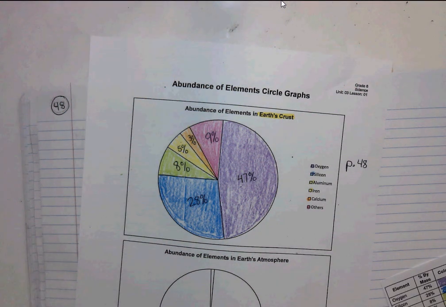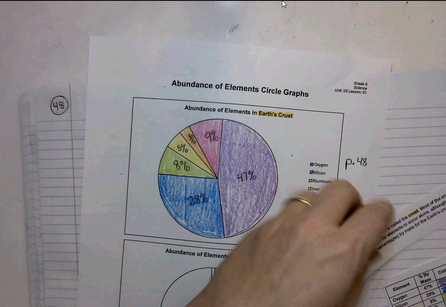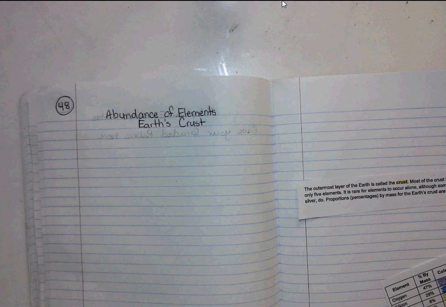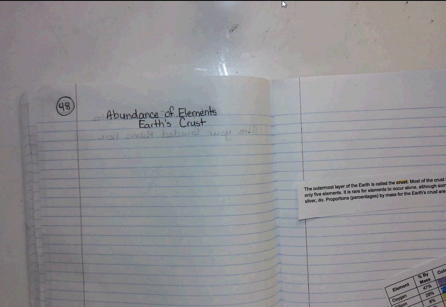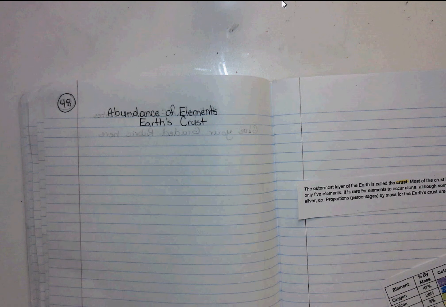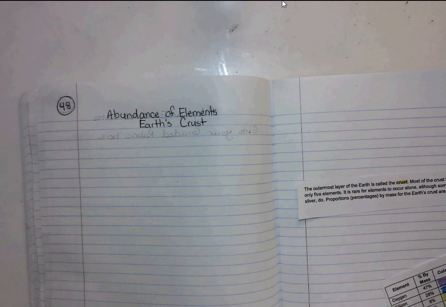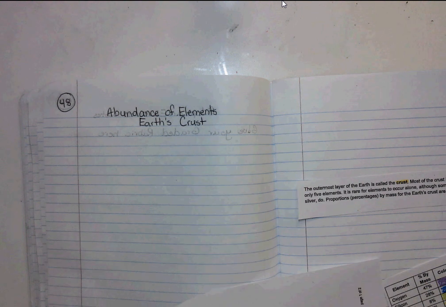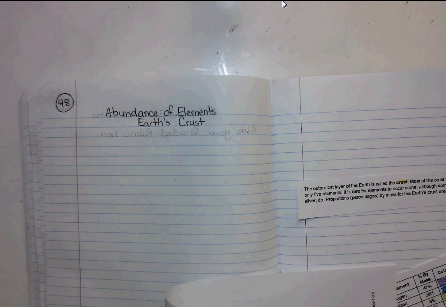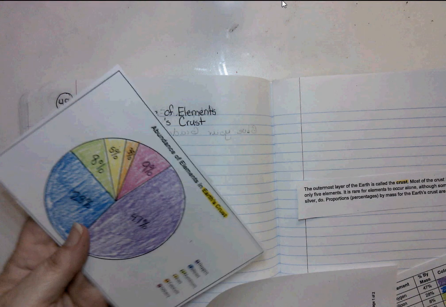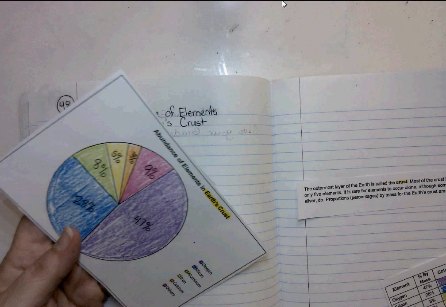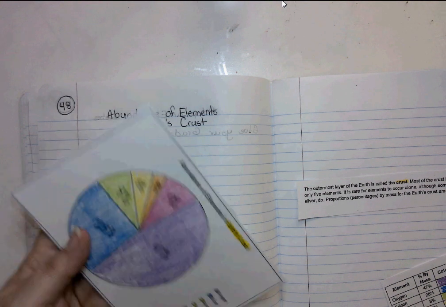Do not throw the other circle graph away.